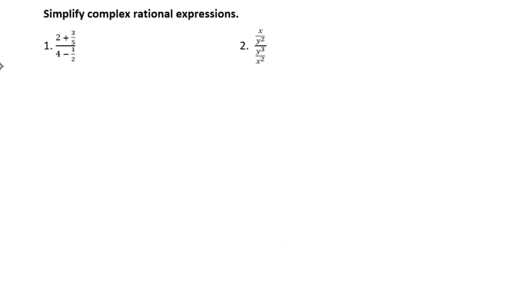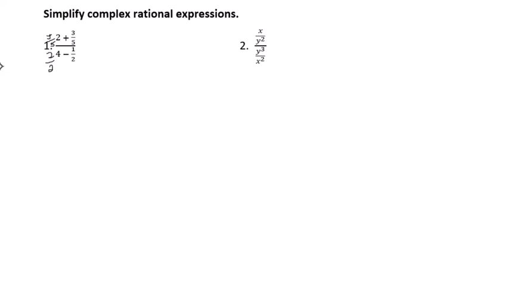All right, so here we have a complex rational expression, and so we're going to turn the top into one fraction and the bottom into another fraction. So I need to take this 2 and multiply by 5 over 5, and I need to take this 4 and multiply by 2 over 2.